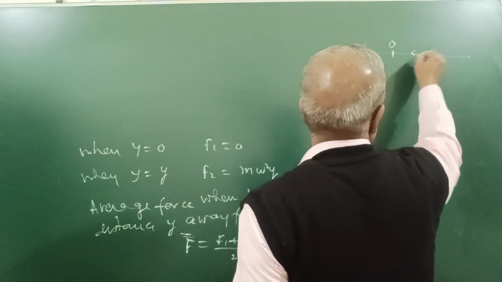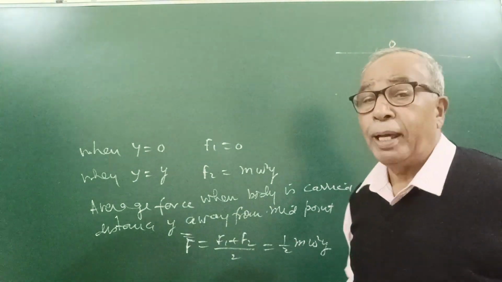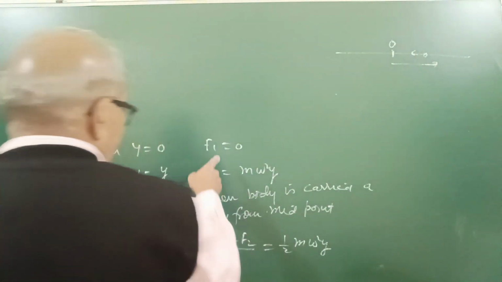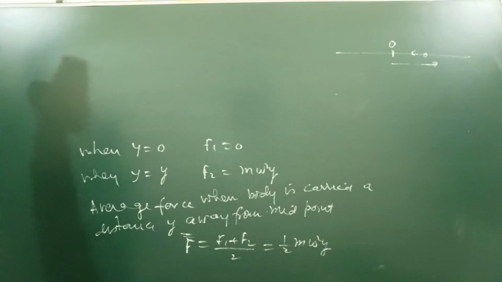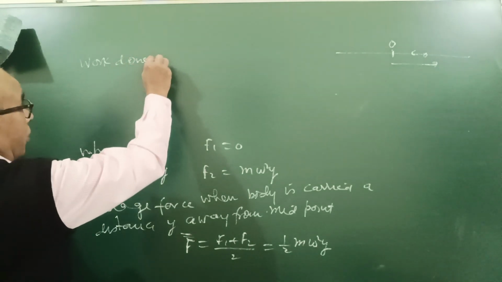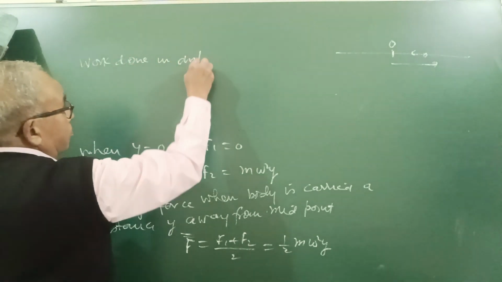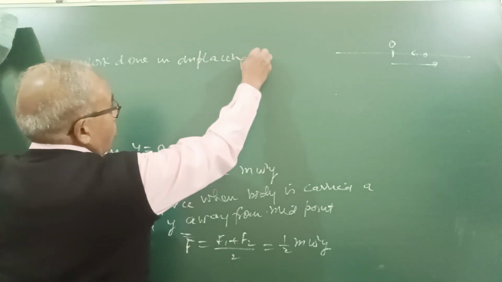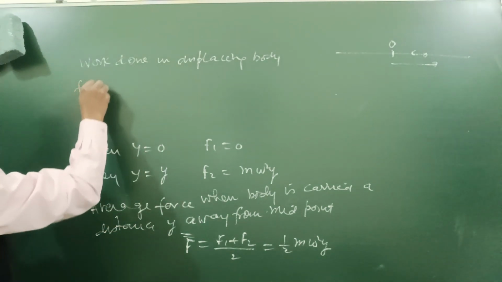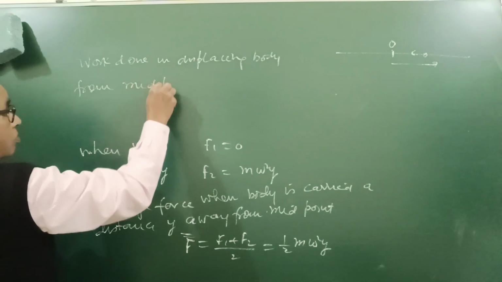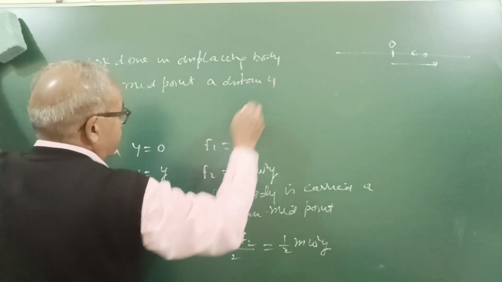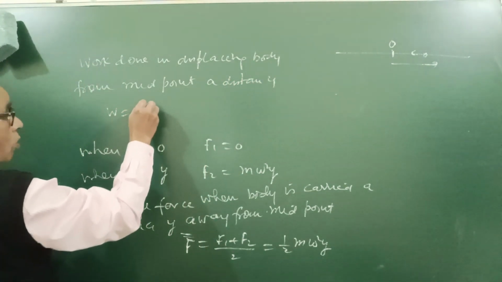Force acts this way and we are carrying it this way, so we need to apply some external force in carrying the body away, so that the minus sign gets cancelled. So the burden in displacing the body from the midpoint a distance y is W equal to F bar into y.